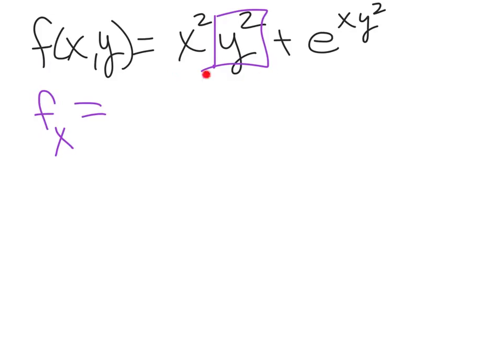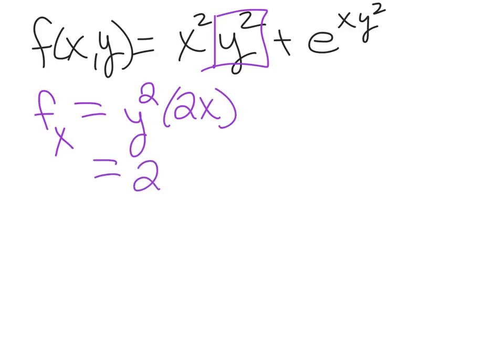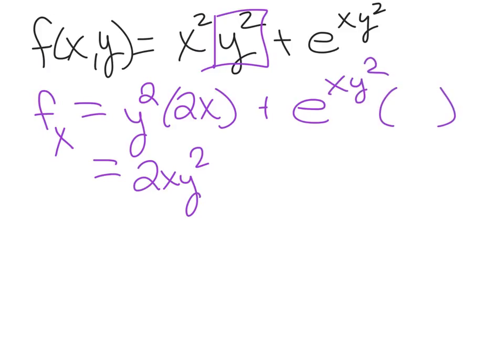So let's do this one term at a time. The first term here, the y squared coefficient comes along for the ride. Derivative of x squared is 2x, so that gives us 2xy squared. The derivative of the next term, exponential, we write it as it is, e to the x y squared, and now we have to chain rule out the derivative of that exponent. But taking the derivative, it's the derivative with respect to x. So again, that's a coefficient.